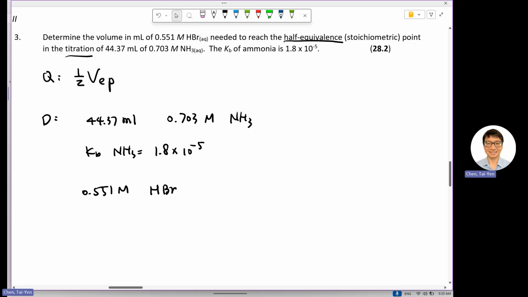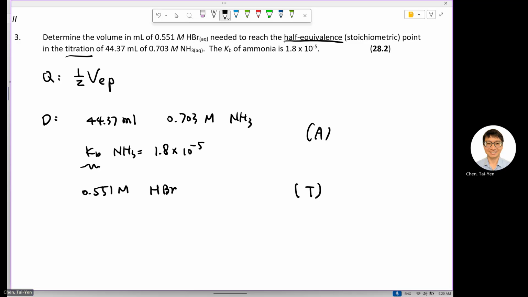So again, when you see this, you want to know who's your titrant and who's your analyte. Who's your titrant? How do you know it's HBr? It's a strong acid. The other one is actually weak, and you have the Kb. Therefore, you know this is your analyte, and that's your titrant.